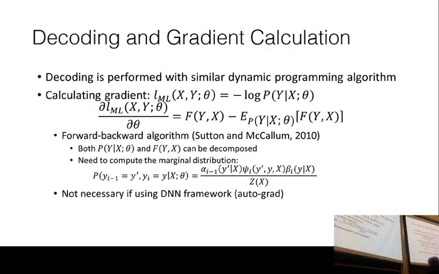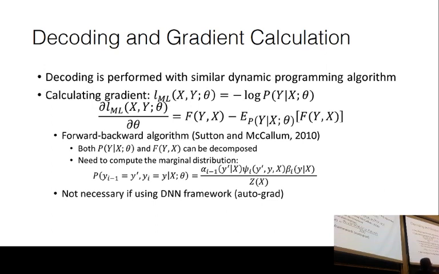The good thing is that you don't need to implement anything in terms of computing the gradients here. If you're using a network in PyTorch or TensorFlow or DyNet or whatever, they will have autograd.